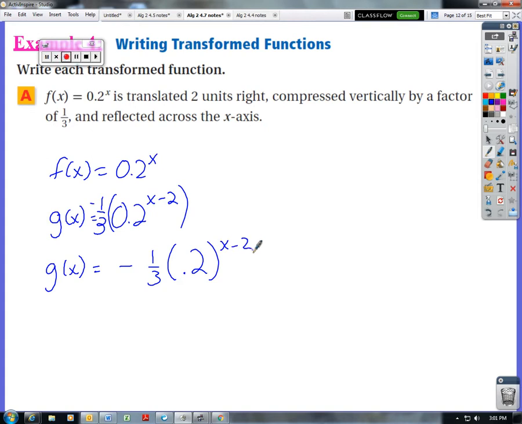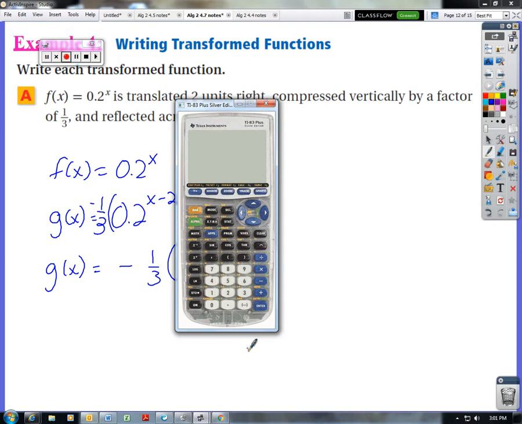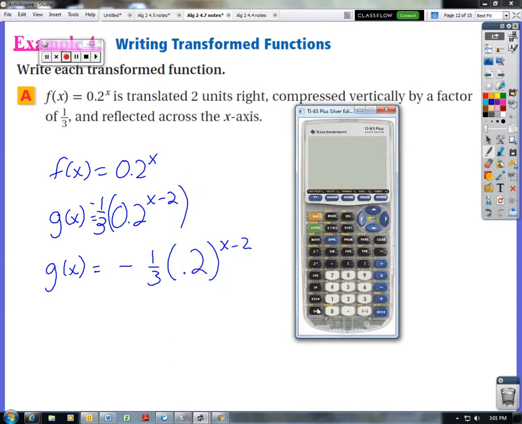And then you can check it on a calculator to make sure it looks like it's doing what it should, because sometimes you might wonder, did I do it right? So I'm going to type in the original one so I know what the parent looks like, 0.2 raised to the x. And on my next one, I've got negative 1/3, and you do need to put that in parentheses.